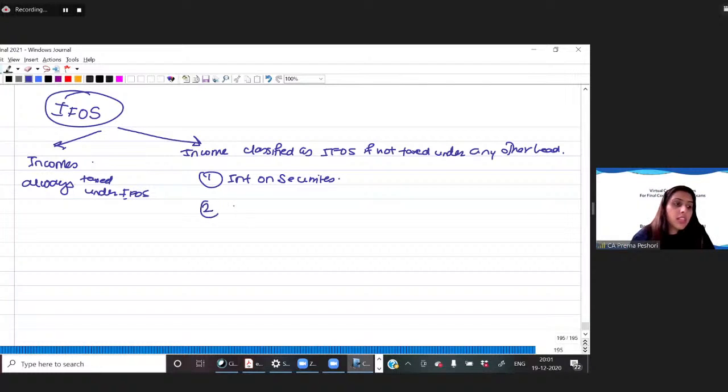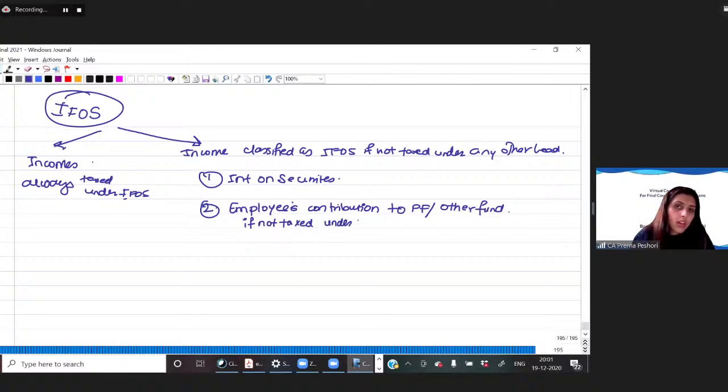Second, employees' contribution to provident fund or other fund, if not taxed under PGBP. So if you do not pay the employee's contribution on time, it is considered as your PGBP income, right?